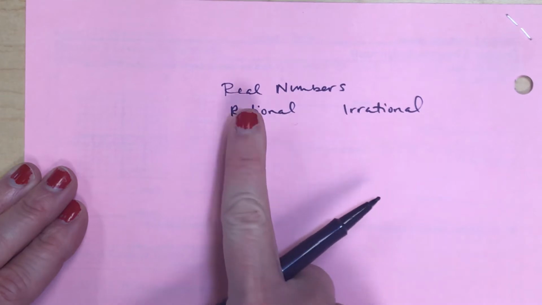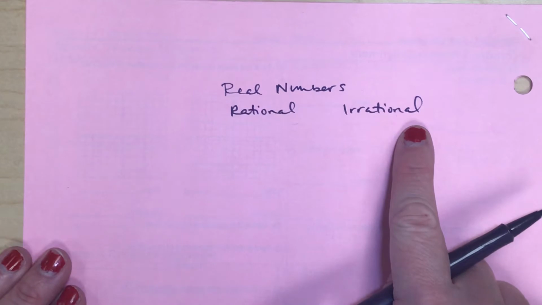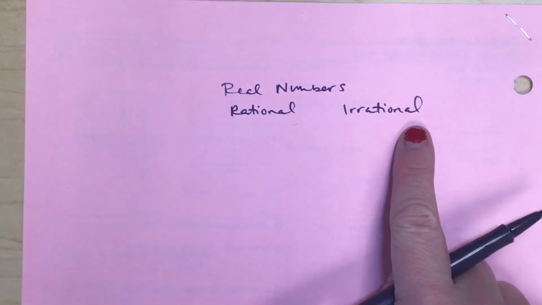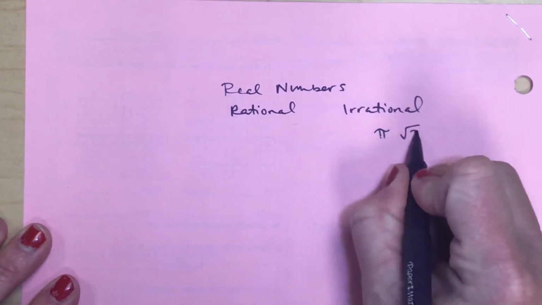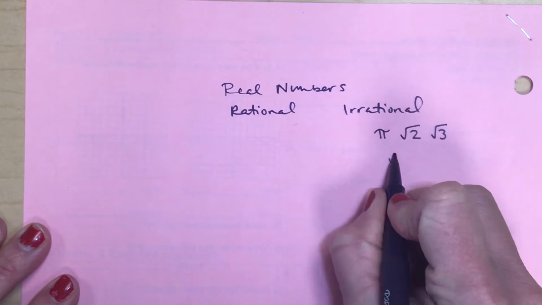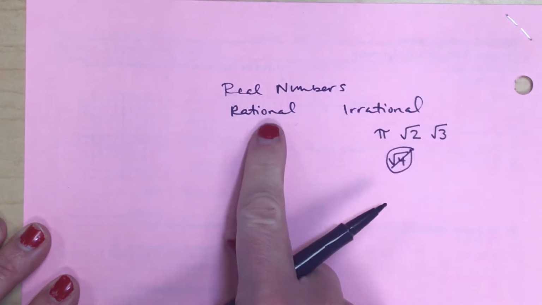And here's why. These fractions as a decimal stop or repeat, so think 1/2, that decimal 0.5 stops, or 1/3, that decimal repeats, versus irrational numbers, which have a decimal that never stops and also never repeats. You have something like pi or the square root of 2 or square root of 3, but not the square root of 4 because that simplifies down to a whole 2, which would be rational.